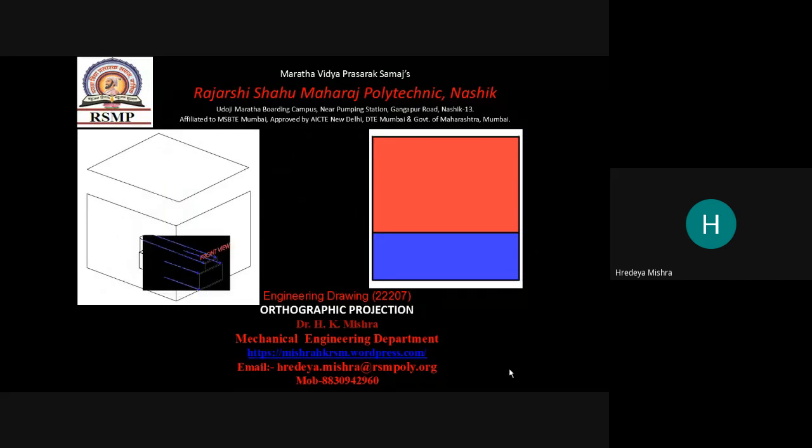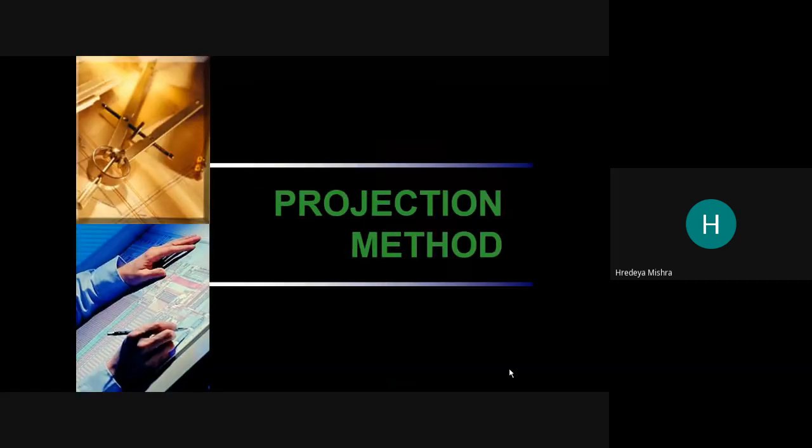Here, projection method. As I told you earlier, projection method is based on the observer direction, and observer direction is an imaginary direction. It means we can imagine from which side we observe or look at the object; the line of sight is presented.